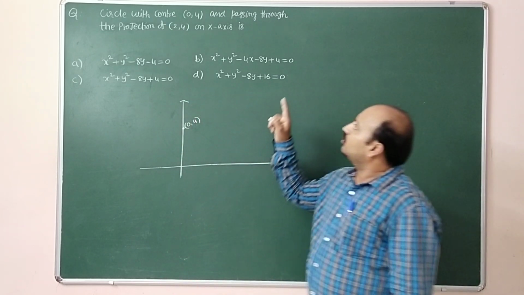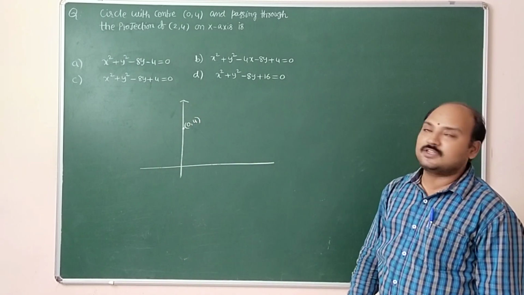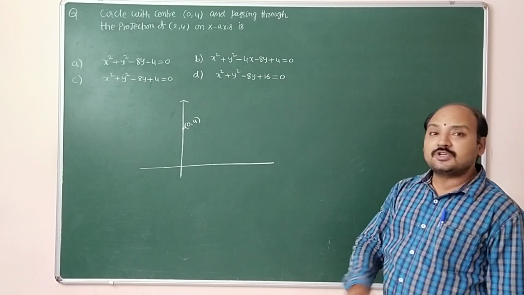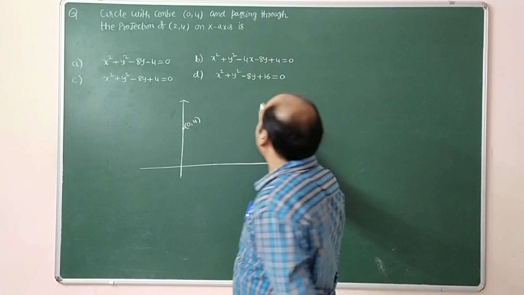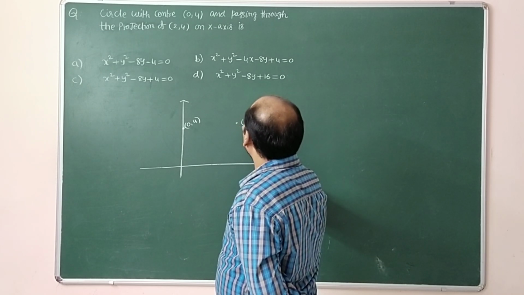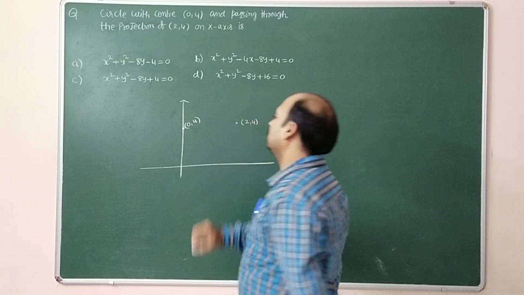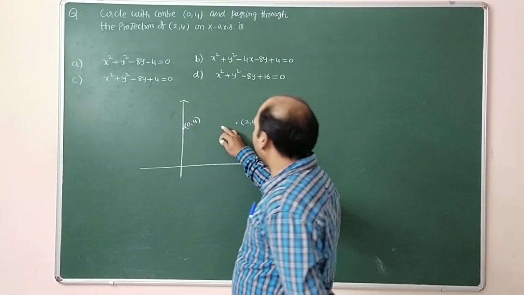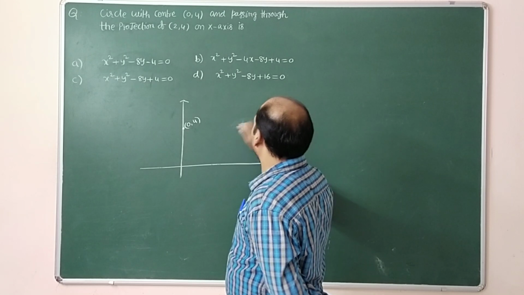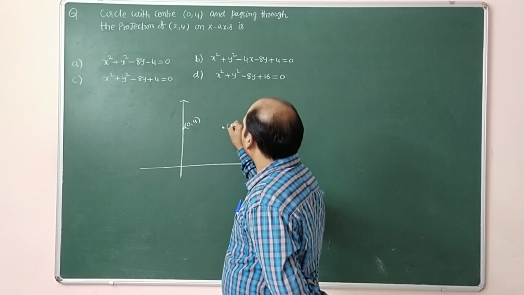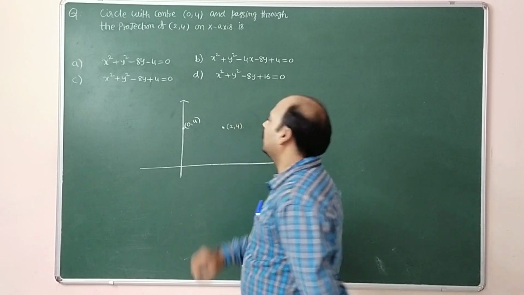The circle whose center is at (0, 4) and passing through the projection of (2, 4). So (2, 4) will be here. Otherwise we can take it here also, no problem. Just roughly (2, 4), I am taking here.